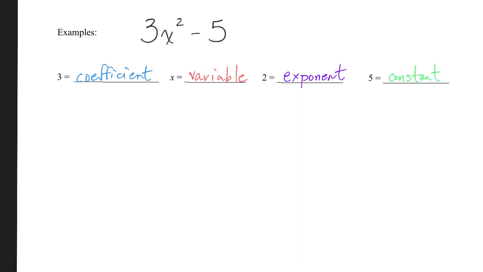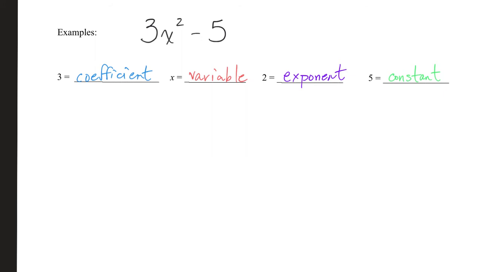The 5 is called the constant, and the reason for it is because it is constant. What I mean by that is the value of 5 can never change. It is what it is. How much is 5 worth? It's worth 5.